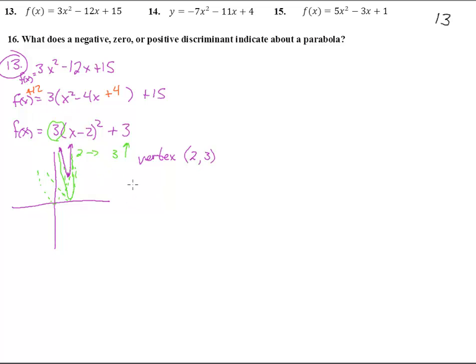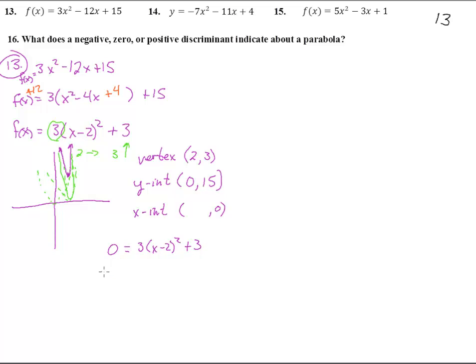So now, the y-intercept, that's a nice easy one. We could stick 0 in up here: 0 minus 0 plus 15. Stick 0 in everywhere for x. And now the x-intercepts, well, we're not going to have any. They should end up being imaginary numbers. Let's go ahead and try it. Normally, we would put 0 in for y, so we'd have 0 equals 3 times (x minus 2) squared plus 3.